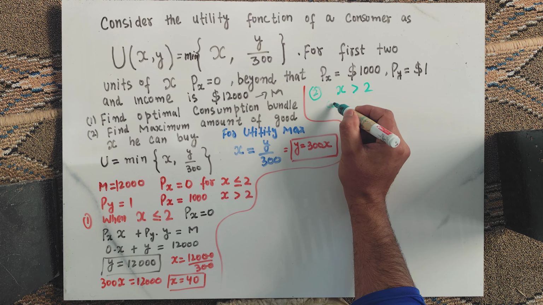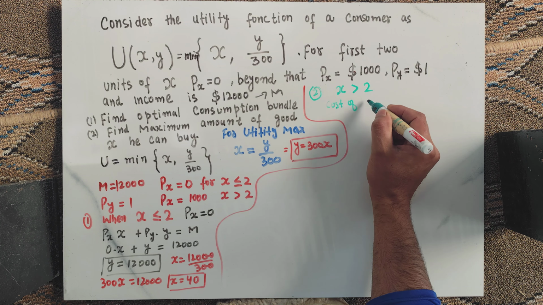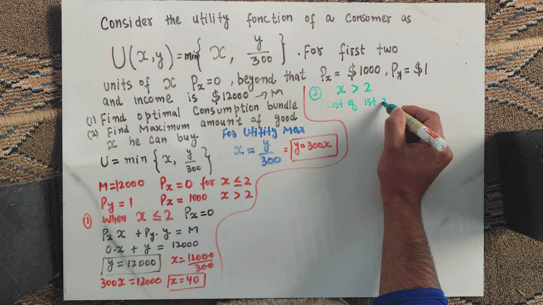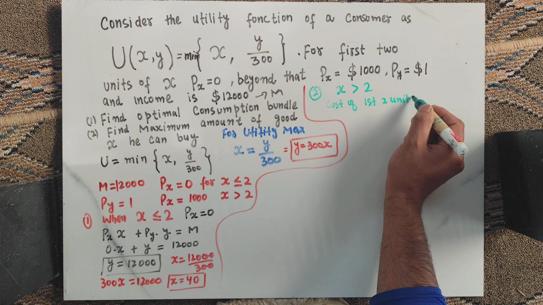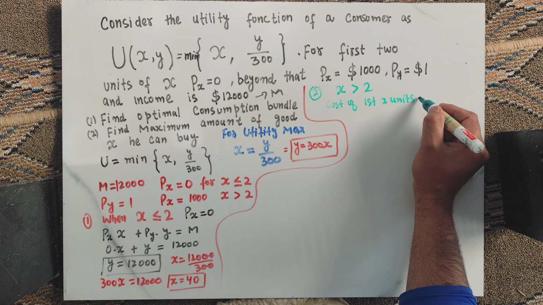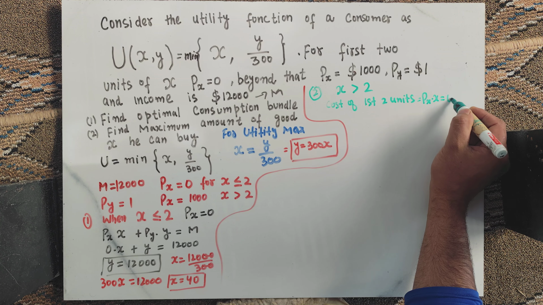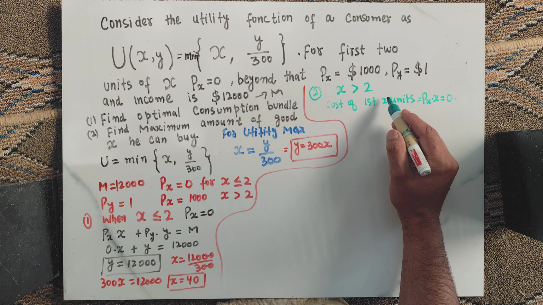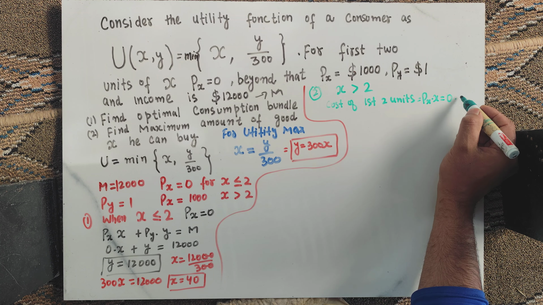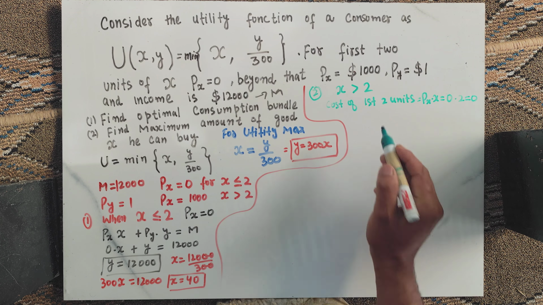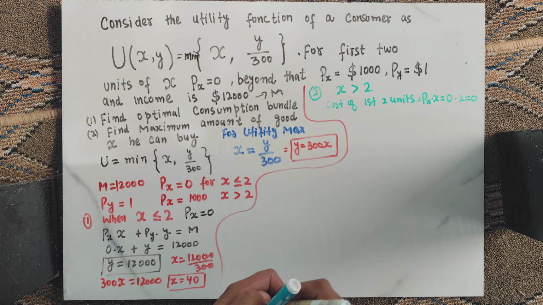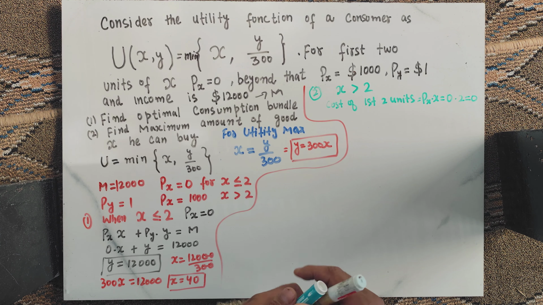The cost will be equal to price of x times x, which is price of x equal to 0 for the first 2 units times 2, which will be equal to 0. So for the first 2 units, the cost of the bundle is 0.